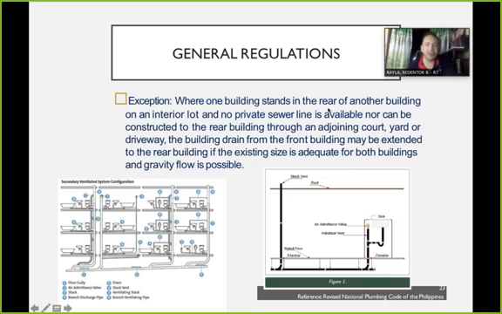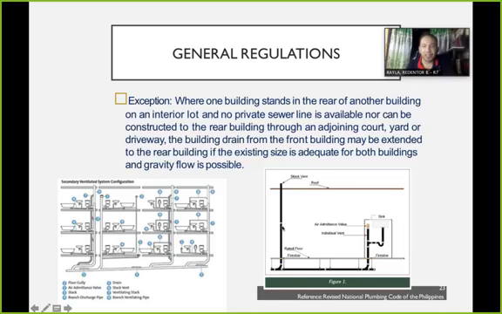If the other building is on the rear, nasa likod daw. Like this, 1, 2, 3, 4. So magkatabi sila. Meaning to say you can connect into one building drain. So you don't have to make 1, 2, 3 building drains. You can have a common building drain for all these buildings.